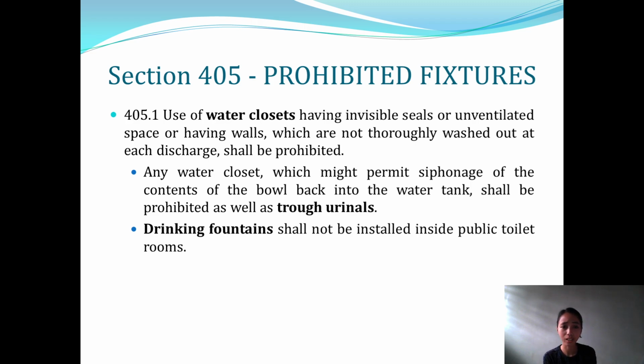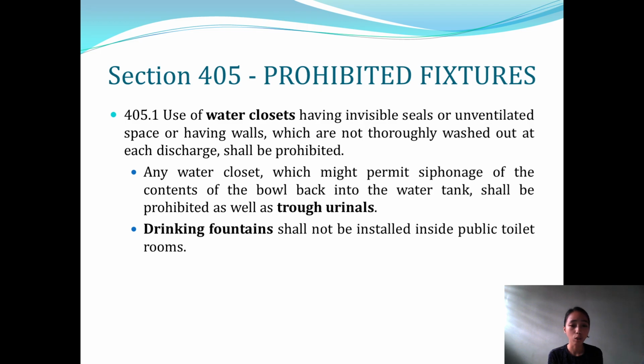Next, any water closet which might permit siphonage of the contents of the bowl back into the water tank shall be prohibited, as well as trough urinals. Urinals shall not be installed where wall and floor surfaces are not waterproof and do not have a smooth, readily cleanable, non-absorbent surface extending not less than 4 feet above the floor and 1 foot to each side of the urinal, and 1 foot in front of the lip of the urinal.